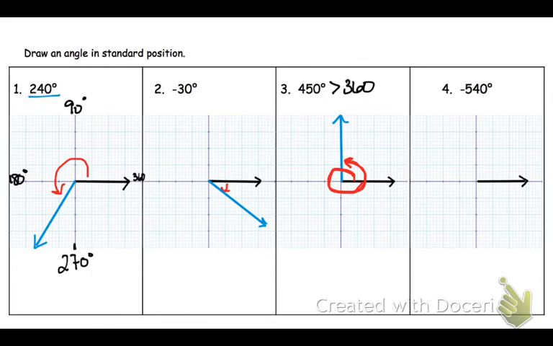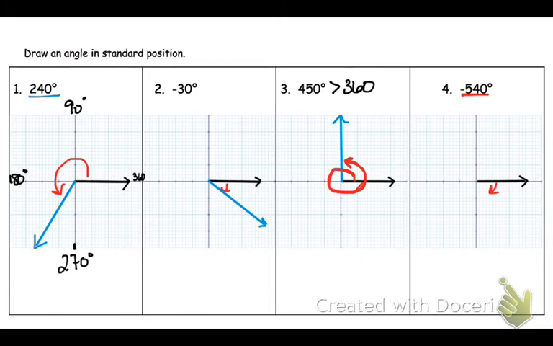Example number 4 is very similar, except in this example, my angle measure is negative. The process is still the same. I need to find the difference between this negative 540 and 360. Now in this case, because we're talking about negative angles, all that means is we're going to start going down first.